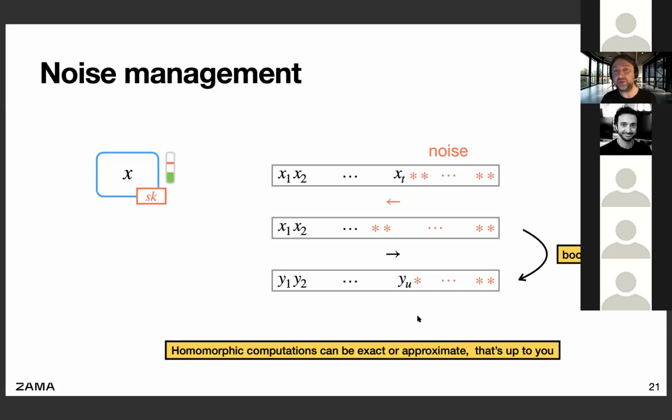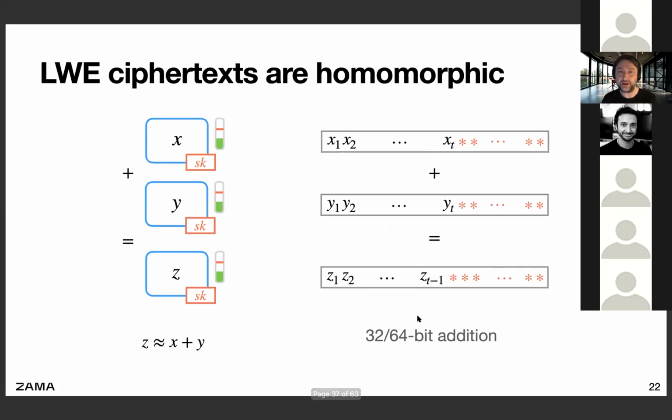You can accommodate some kind of error margin, like 10 to the -3, or some level of approximation. But with Concrete, you can actually choose. It just depends on the parameters that you're going to use. So you can pick one way or the other.